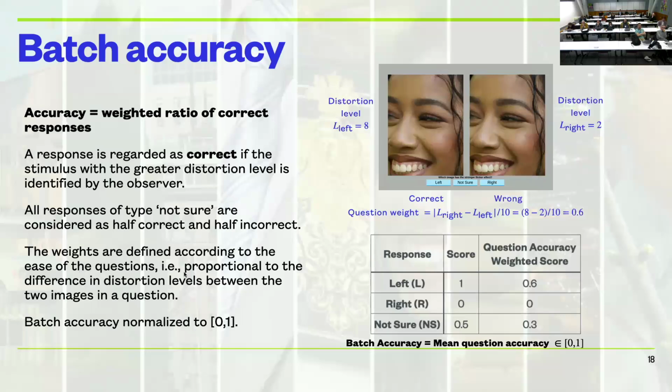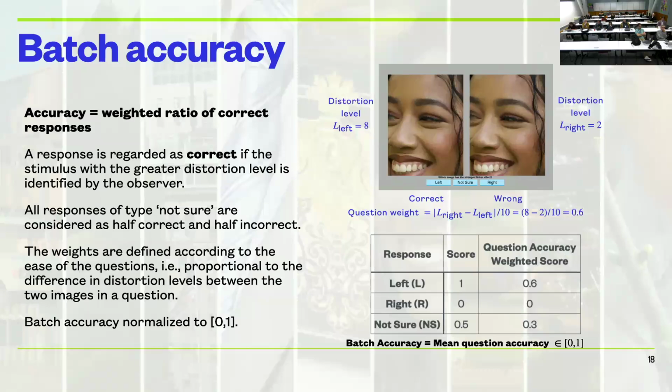And then we also have to add weights to the responses according to the ease of the question. We should not punish someone for a wrong answer if the distortion levels are close. Can you decide correctly the difference between distortion level 5 and 6?